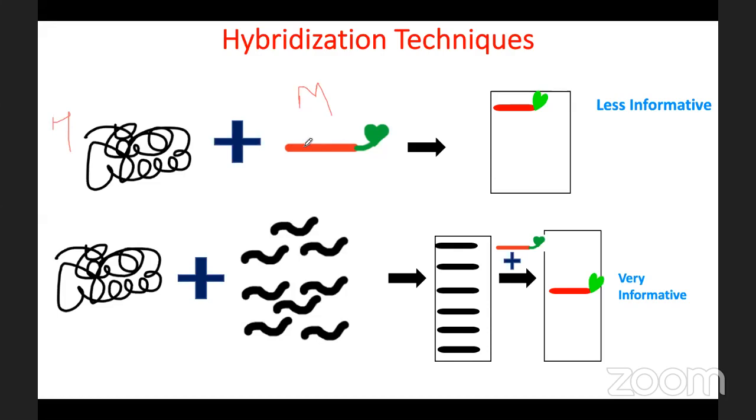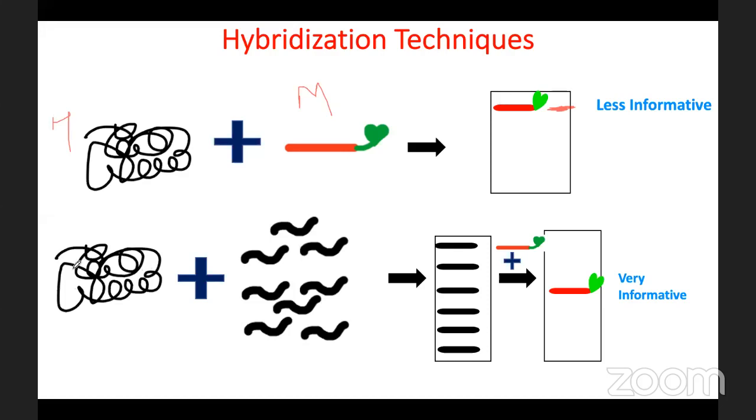If I directly hybridize this fragment with this, I have to go for electrophoresis first. Because I haven't chopped my DNA into small pieces, I'll get a single band in electrophoresis. After hybridization also, you will get a single band. So this is very less informative. You don't have any information from this. The only thing you get is that the fragment is present.